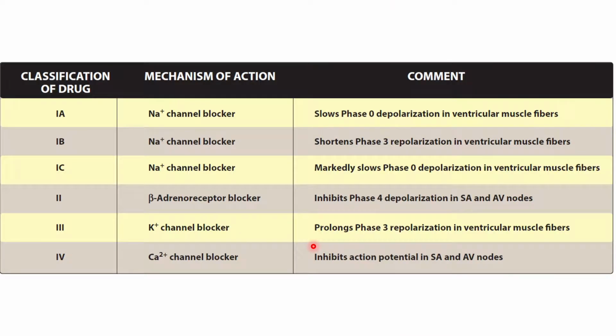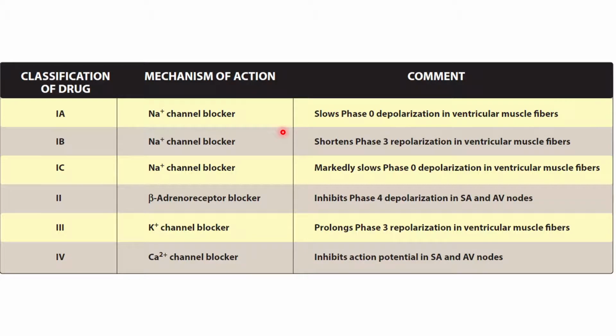So the mechanism of action of drugs corresponds to the influence on the different phases of the depolarization. The sodium channel blockers will slow or shorten the different phases, except for the class 3 potassium channel blockers.